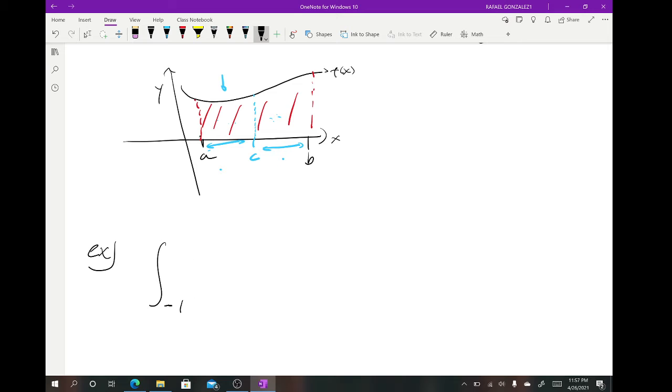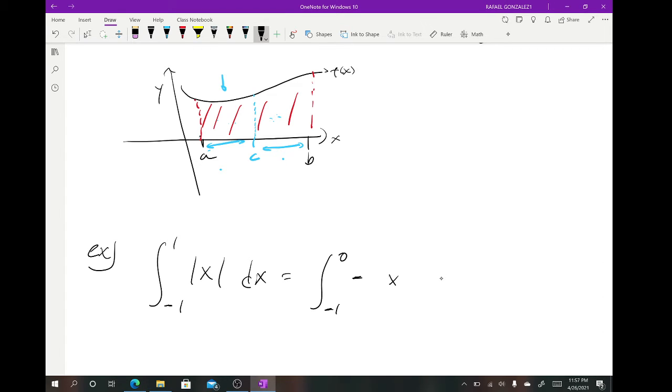Let's say you have the integral from -1 to 1 of the absolute value of x dx. By definition, you should know from pre-calc what the definition of the absolute value is. From -1 to 0, the absolute value of x is equal to negative x.